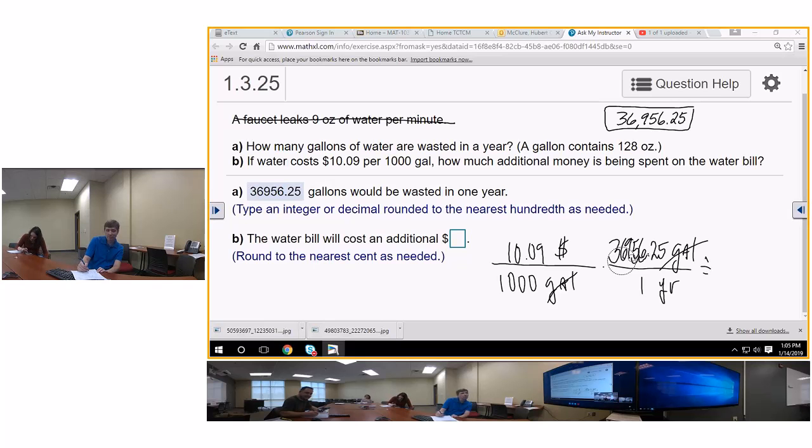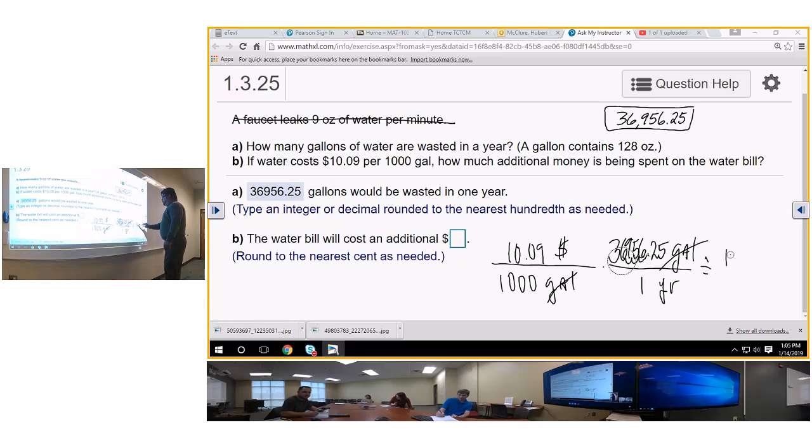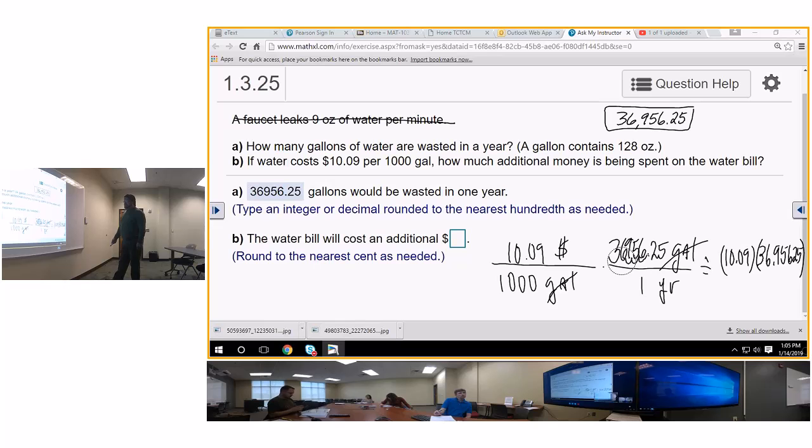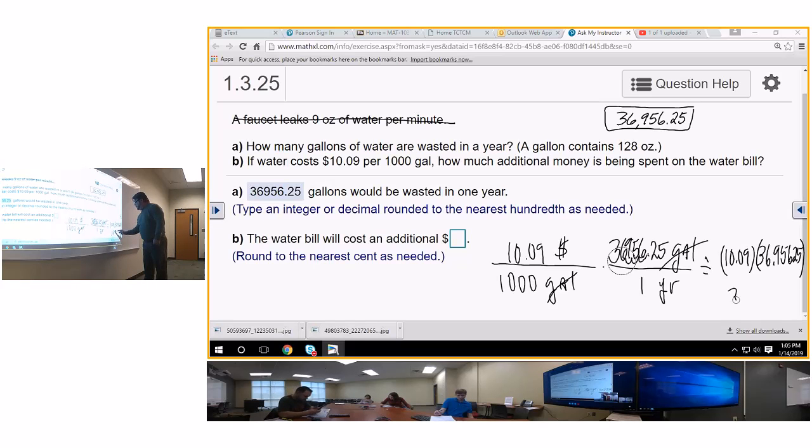So that's going to be 10.09 times 36.95625. Somebody tell me what that comes out to be. It's going to be around 369 or 370. What is it? 372. 372 point what? 8. 88? 89.